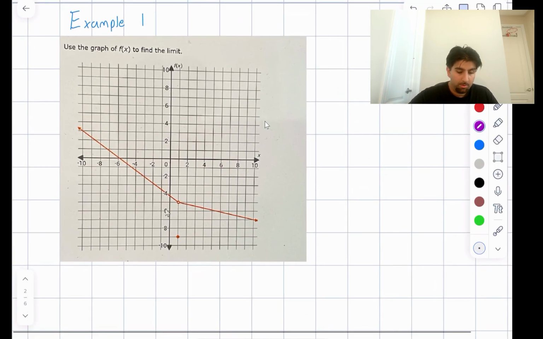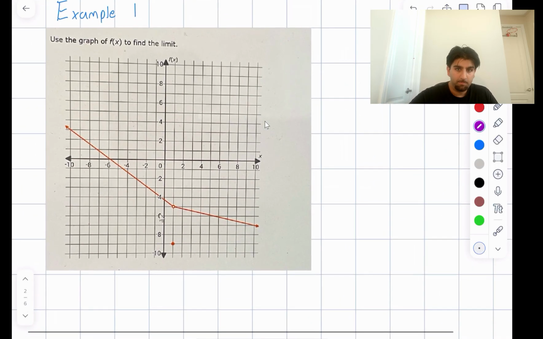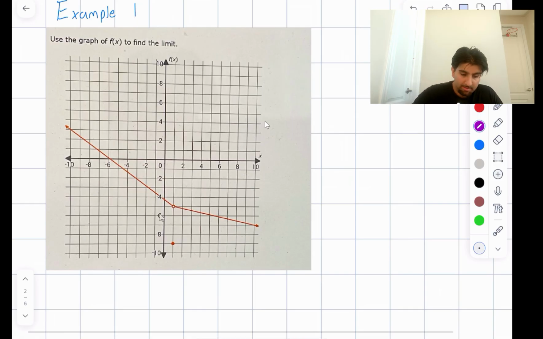So over here, it says evaluate the graph f of x to find the limit, and it's talking about this limit here. So the limit as x approaches, what's our x value? 1. And it's the limit of this function of x.